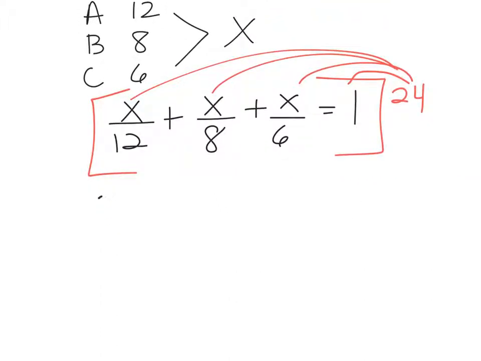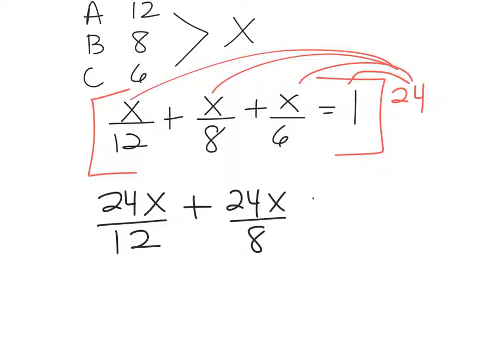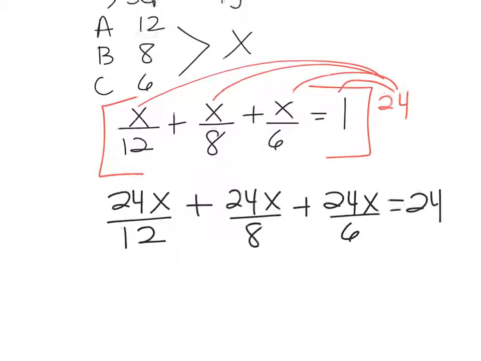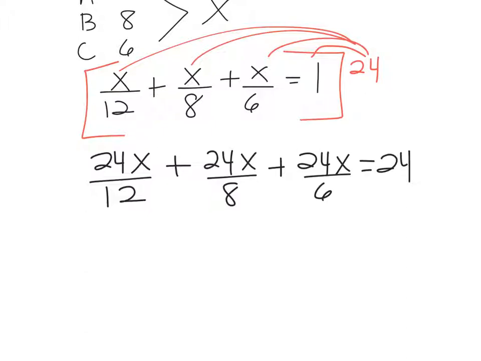So I get 24x over 12 plus 24x over 8 plus 24x over 6 equals, don't forget to multiply the 1 by 24 also. If you don't, it's going to be totally wrong. All your numbers will be wrong. Okay, so let's go ahead and clear out our fractions. What do we get?